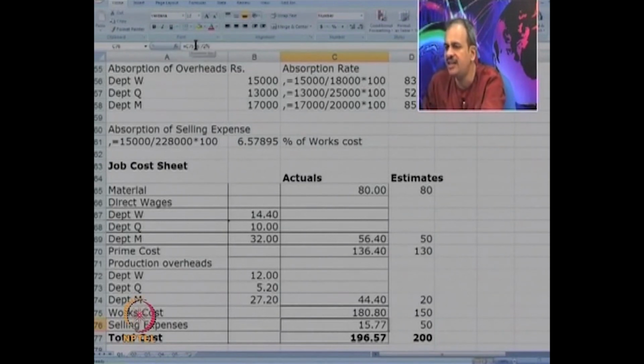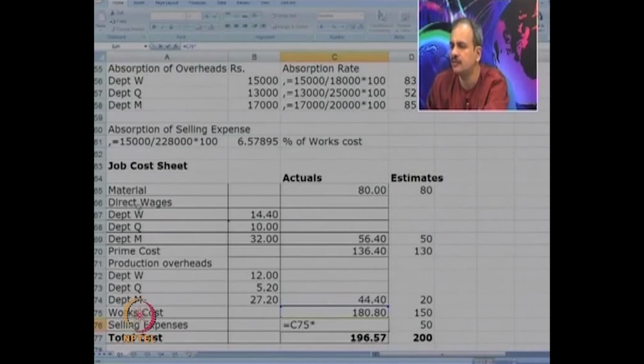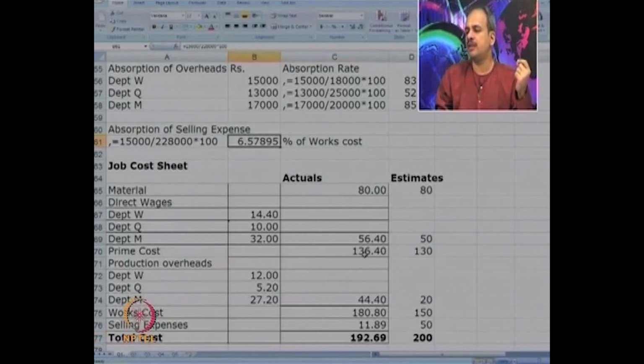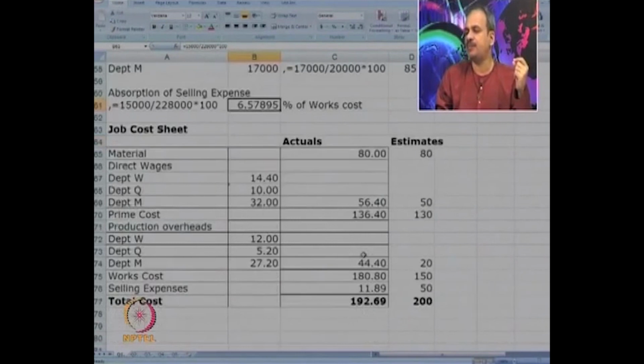It is 180 into 6.57%. Okay, so it is just 6% of works cost as per the calculations which we have done. So it comes to only 11.89. So total cost is 192.69 as against the estimate of 200.